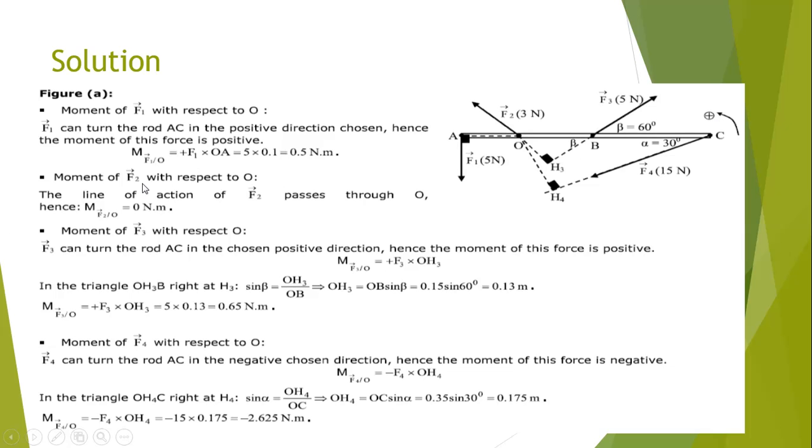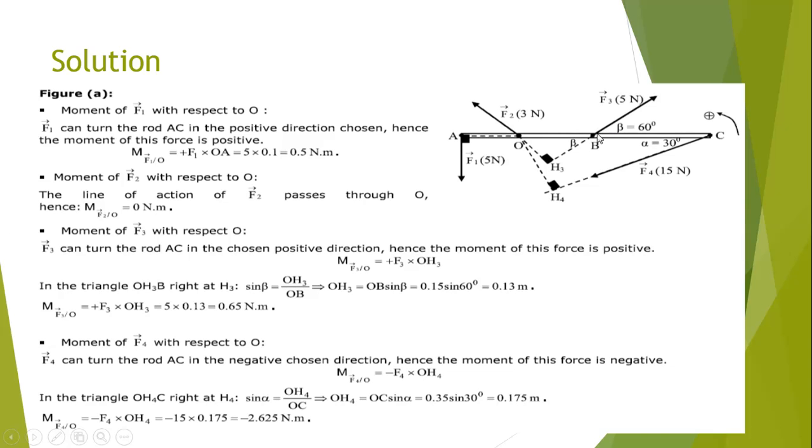Similarly, for F2, this is F2, and this is its line of action. The axis of rotation passes through O. In this case, F2 cuts the axis of rotation, so the moment of F2 is equal to 0, since the distance between the axis of rotation and the line of action of F2 is null.